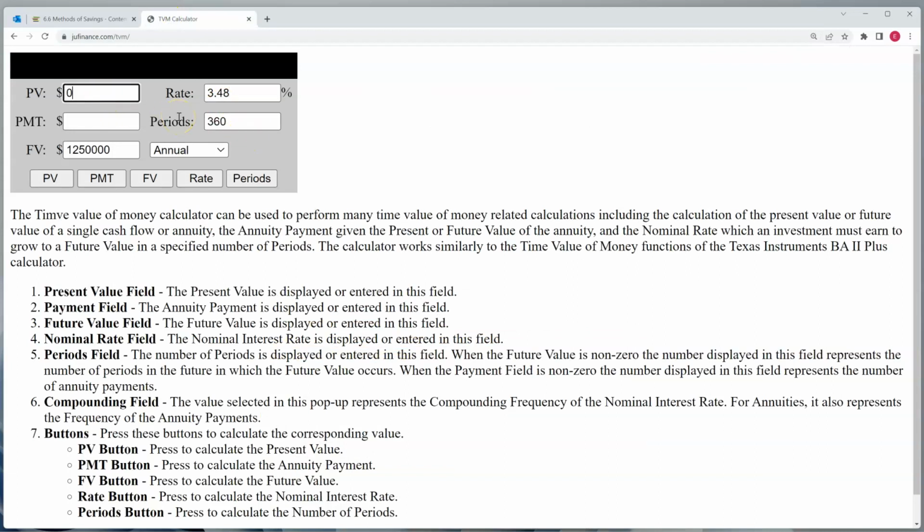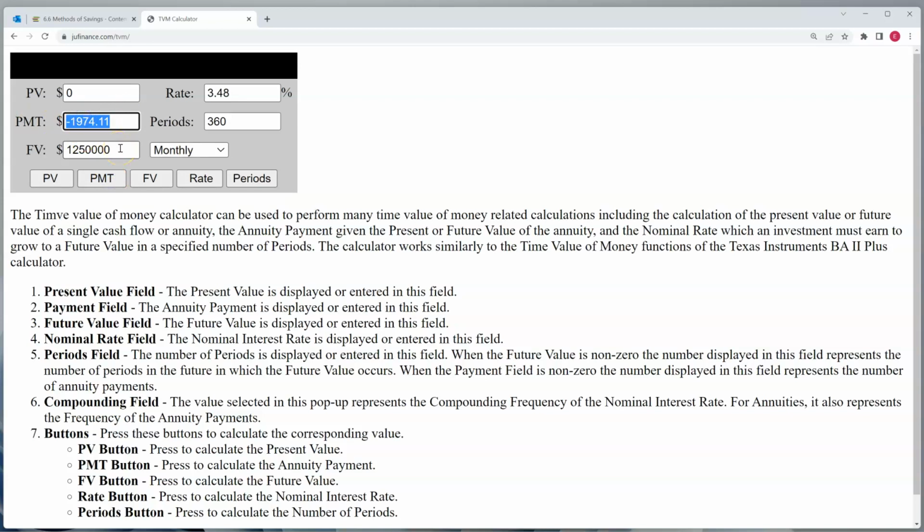Now, let's say that Ashley right now, age 25, has no savings whatsoever. Let's hit that payment button. Oh, see what I did? That's saying 360 years. We got to change it to monthly, and that drastically changes it.